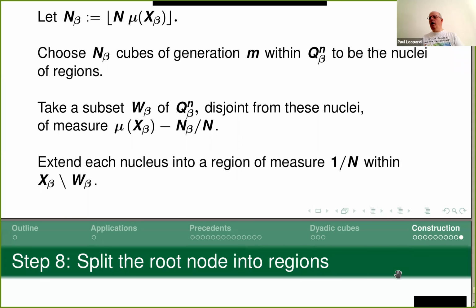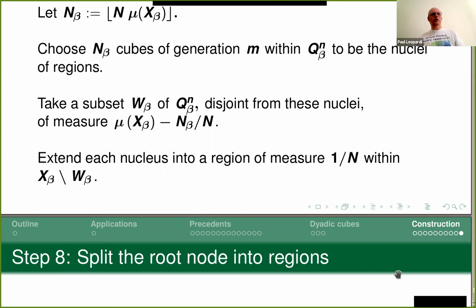And what we wind up with is an amount of measure which is a multiple of 1 over n, and we then have a splitting of that node using these nuclei, which are then extended to regions of measure 1 on n.